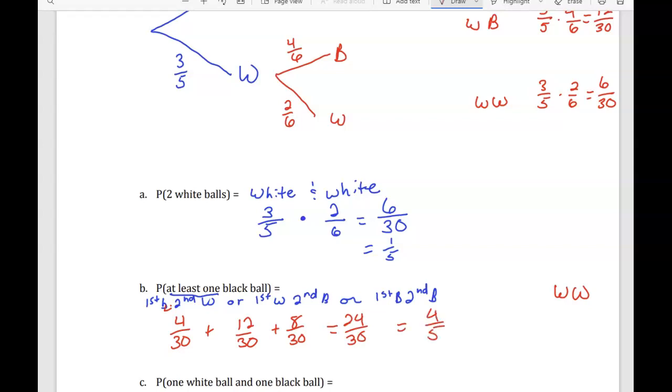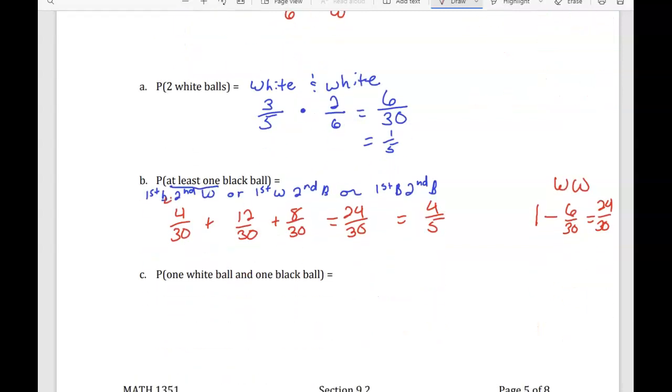You could also do a 1 minus the 6 out of 30, which would also give you the 24 out of 30. And at least one, remember you can always do a 1 minus its complement, 1 minus no blacks. Okay? So that's always a possibility. It just depends.